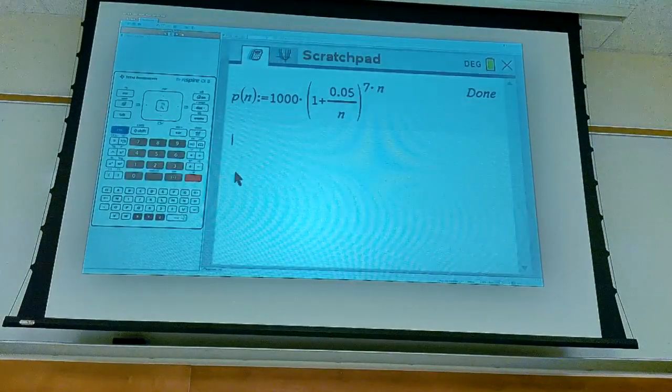Now my function's stored, which means all I have to do is this.